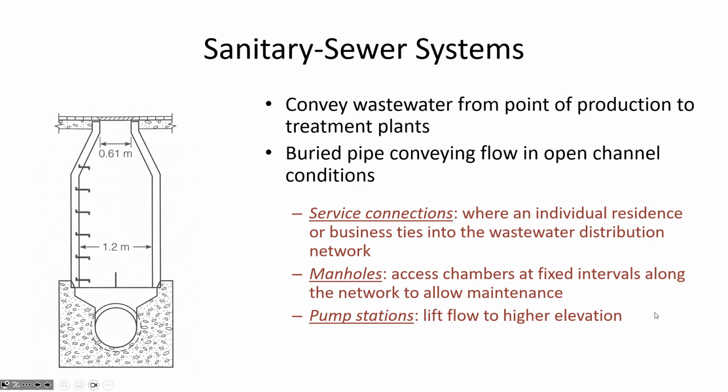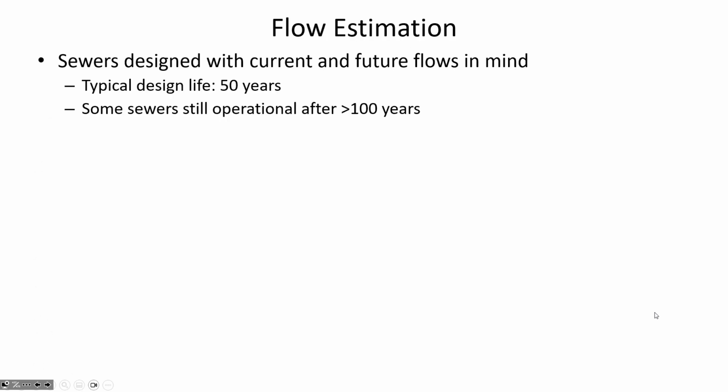But then there would be some sort of a vault where the water accumulates and then is pumped again to another open channel flow that's closer to the surface. And so it'll be flowing by gravity and then pumped up, flow by gravity, pumped up, until it finally comes to the location where the wastewater is being collected and treated.